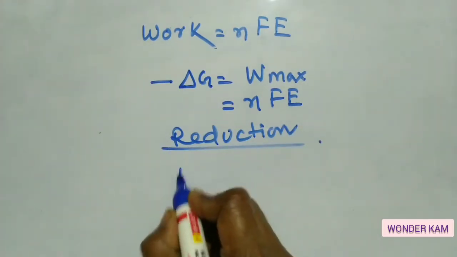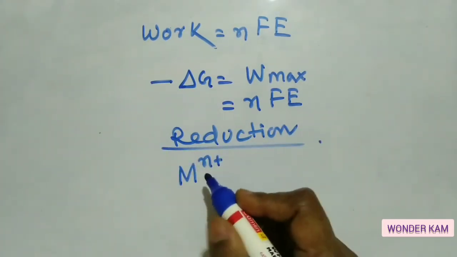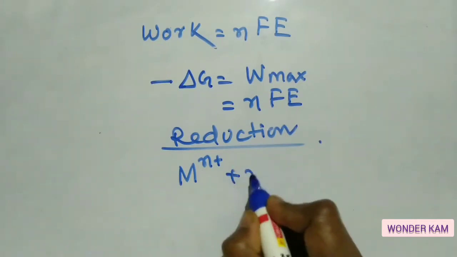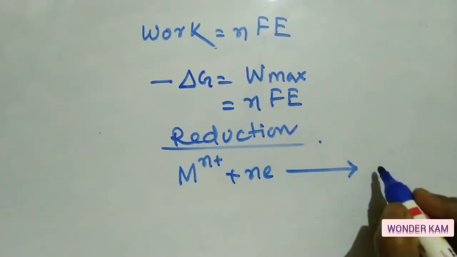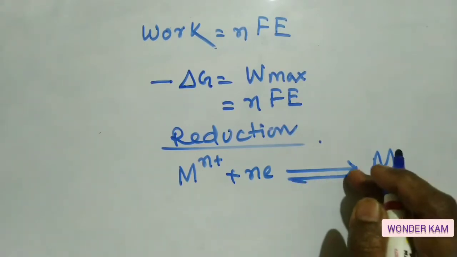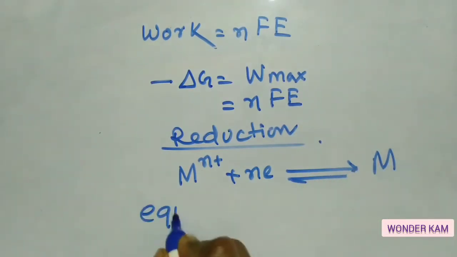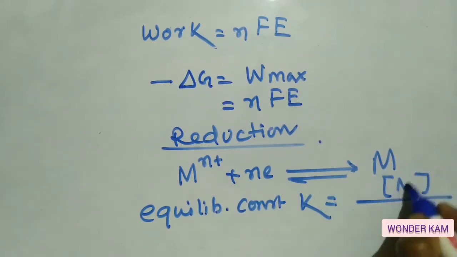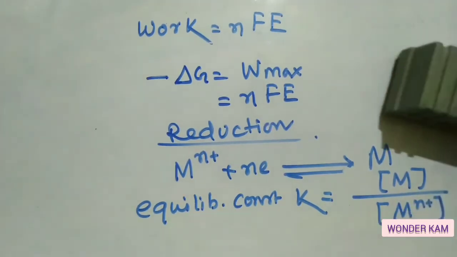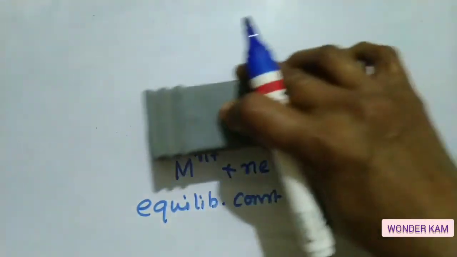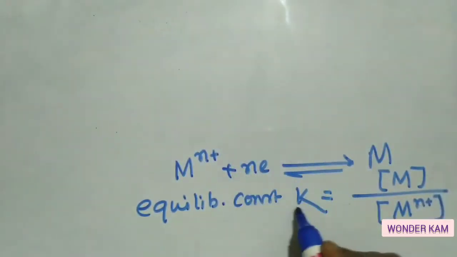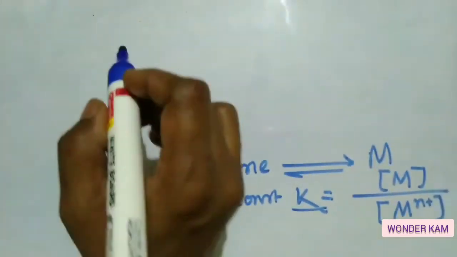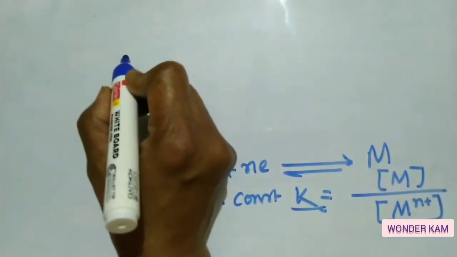So let's generalize M^n+ as a metal ion which is reduced to M. At the equilibrium constant K, as per the Le Chatelier principle, K is the concentration of product by concentration of reactant. And we know there is a relationship between this equilibrium constant and the Gibbs free energy, as well as the standard Gibbs free energy.